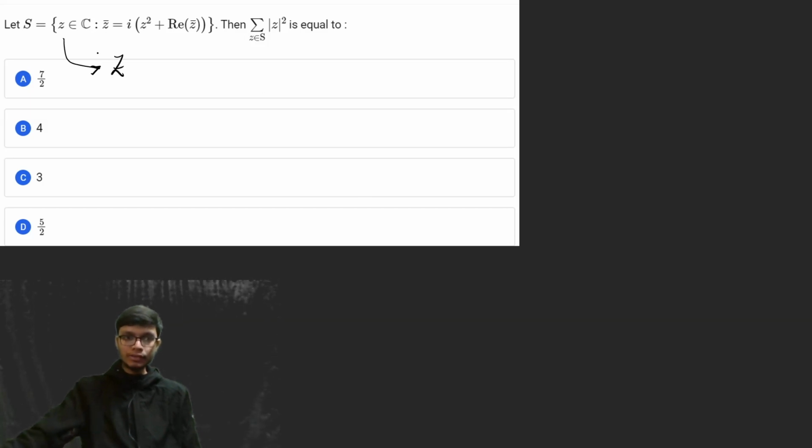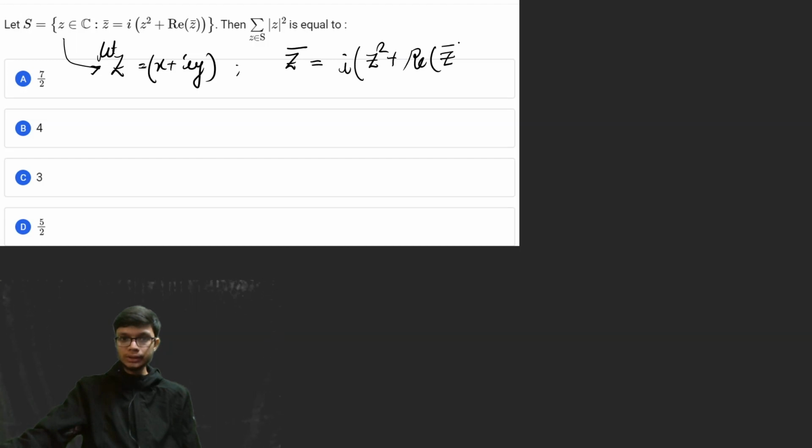So with this, let us say that z is x plus iota y. Now it is said that I have to look for the set of z belonging to complex numbers satisfying the condition that conjugate of z is equal to iota times z square plus the real part of z bar.